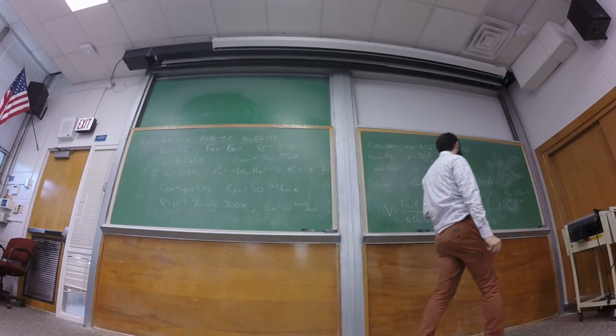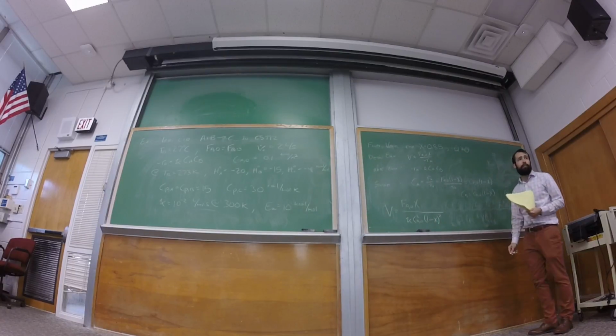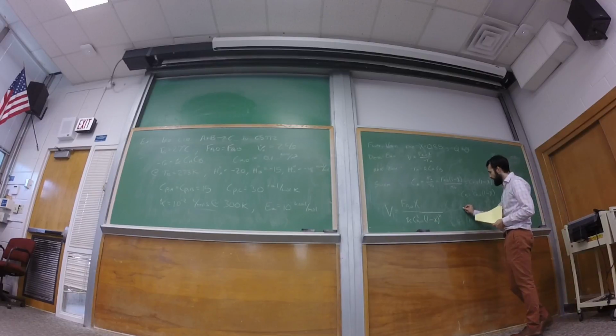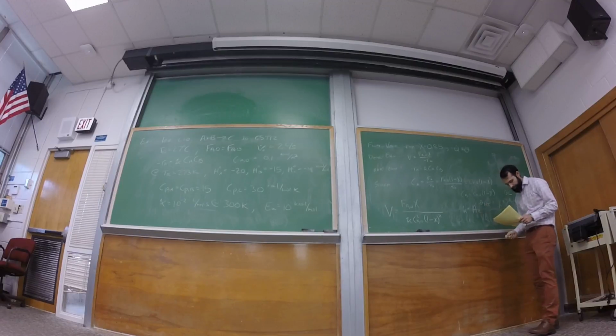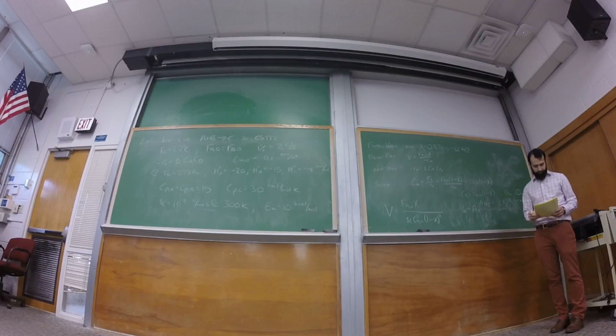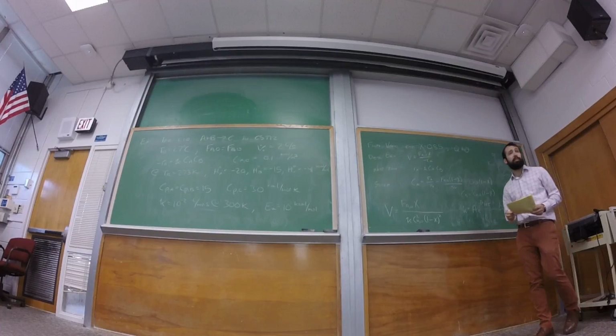And what do we know about the rate constant? What equation do we have for it? The Arrhenius equation. So the rate constant is equal to A times the exponent of the activation energy divided by RT. Any questions?